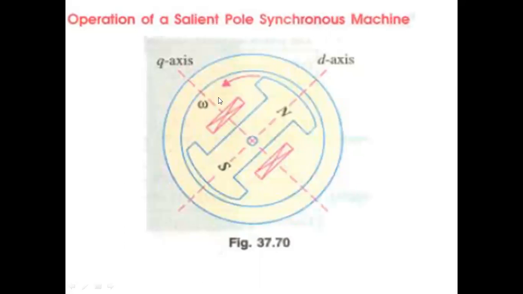Okay, so we are assuming that the reluctance on the Q axis is more, because on the Q axis it has higher air gaps. That's why the reluctance on the Q axis is considered high.